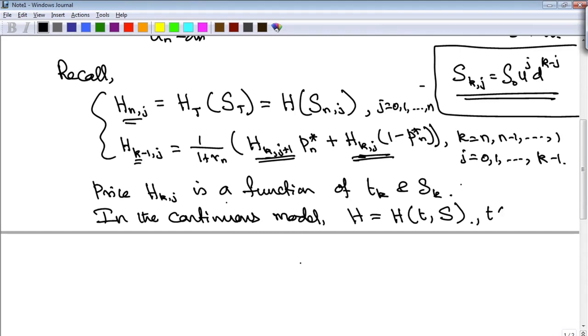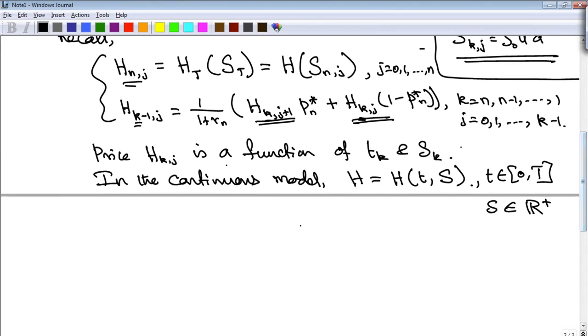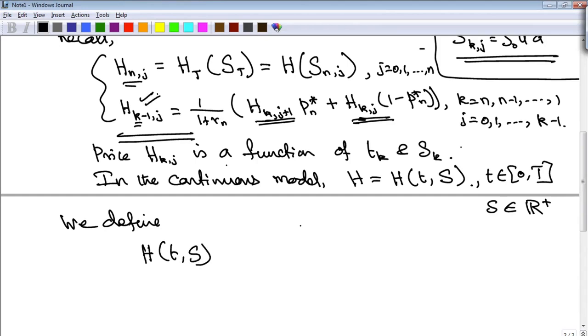Where t belongs to [0, T] and s is some real number which is positive, right? Generally we don't take s to be negative or 0, it's a stock price, therefore it has to be positive. And we will define the same thing with a different notation, that is h of t comma s. That is what we meant by this.